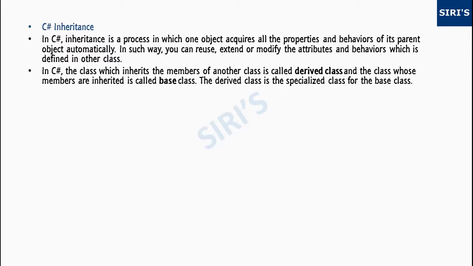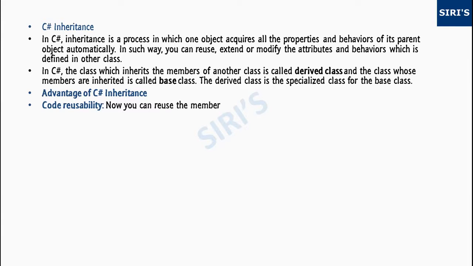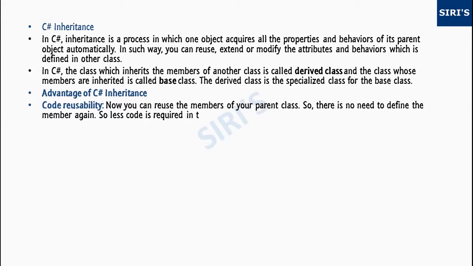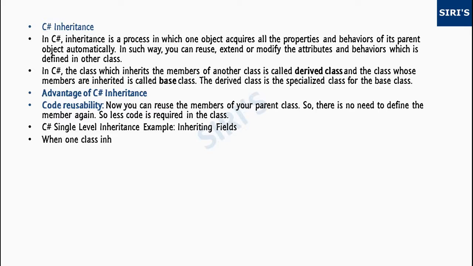The derived class is the specialized class for the base class. Advantages of C# inheritance: code reusability. You can use the members of your parent class so that there is no need to define the members again, so less code is required in the class. C# single inheritance example.